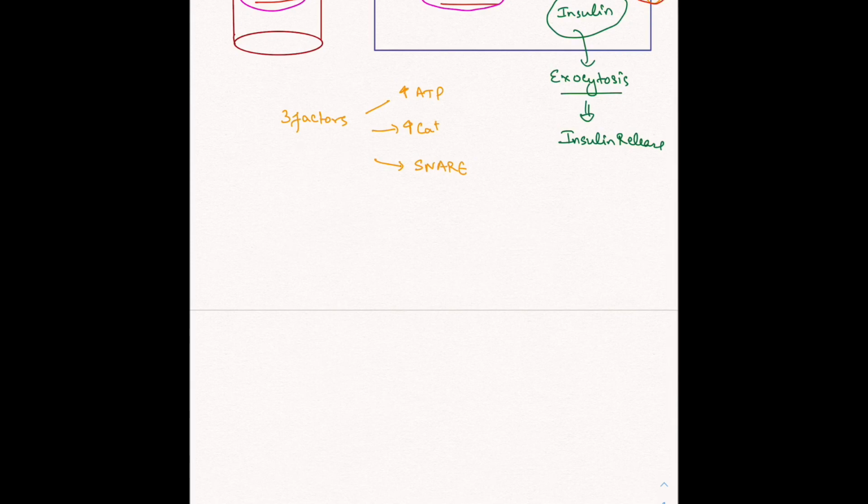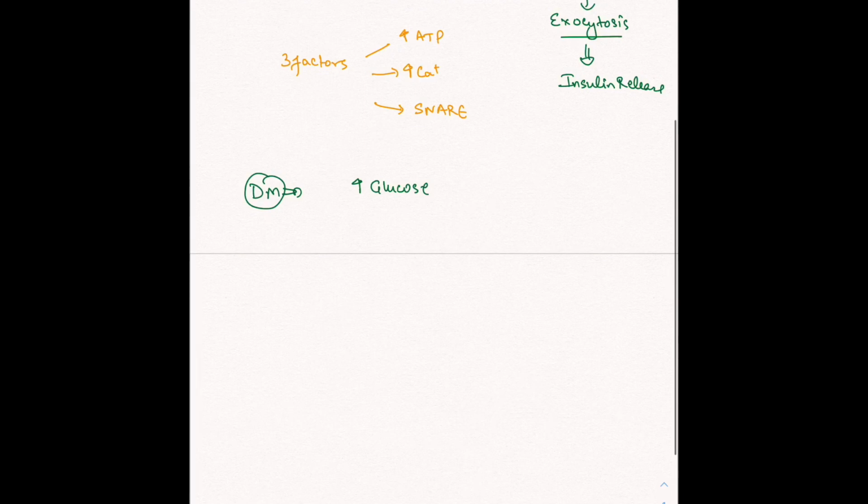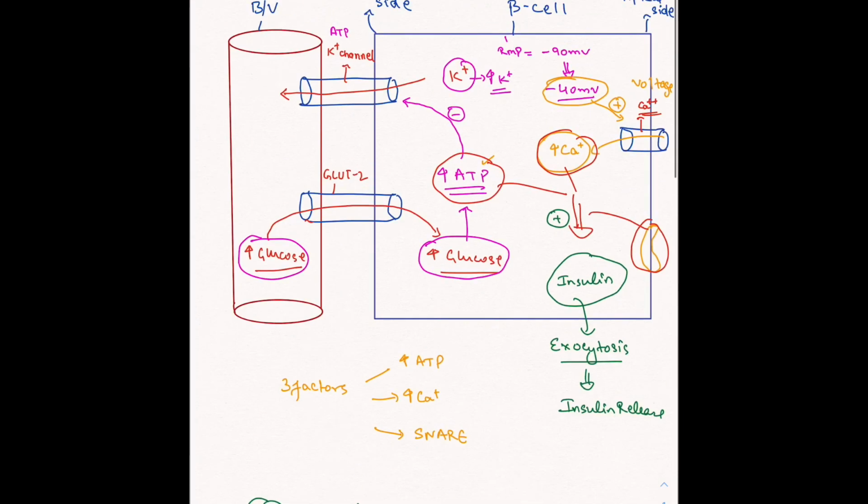Now some important conditions related to insulin, like diabetes mellitus. It is a condition where there is excess glucose, so we need insulin to convert this glucose into glycogen and decrease the glucose level. To decrease the glucose level, we have a drug called sulfonylurea.